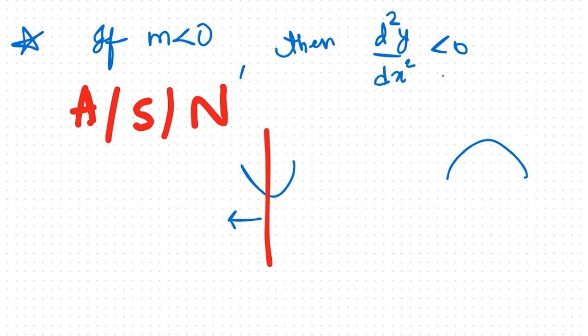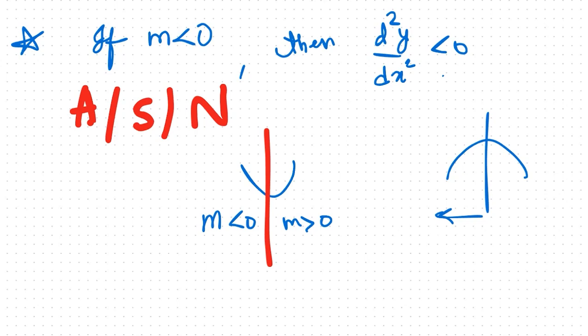Focus on the left side. What is happening? Slope: is it positive or negative? Negative, decreasing. What is happening on the right side? Slope is positive and it's increasing. What about the left side here?